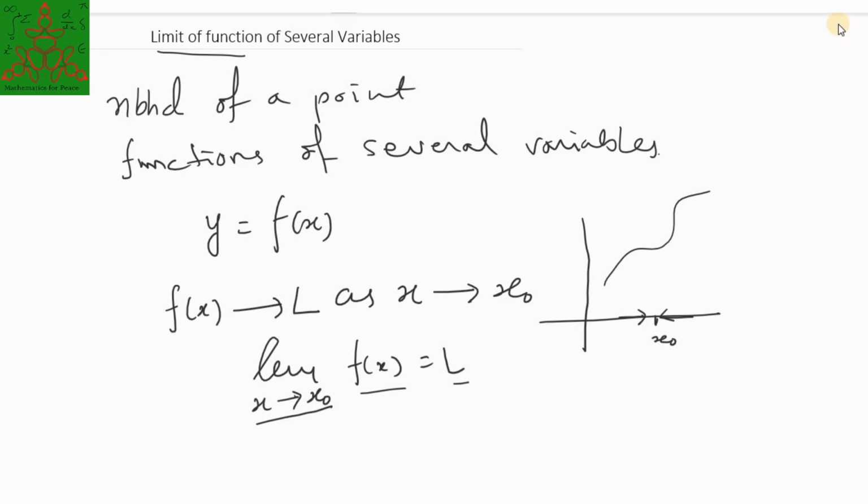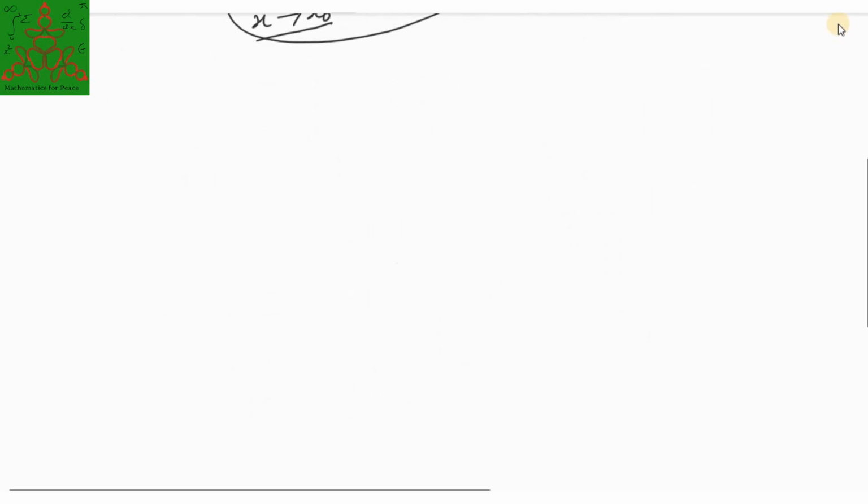If the limit exists, then both the right hand limit and the left hand limit exist, and here it is L. The neighboring points of x0 are approaching, and correspondingly the function values approach L. That is the concept of a limit which you have studied for functions of one variable. Here we do the same concept for functions of two variables.